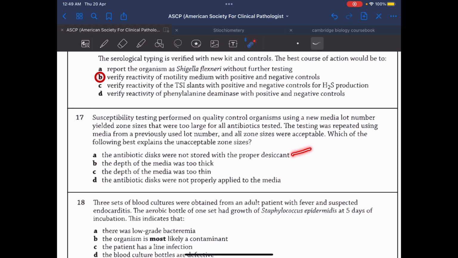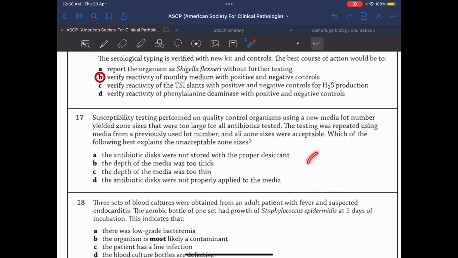The antibiotic discs were not stored with the proper desiccant. The depth of the media was too thick. The depth of the media was too thin. The antibiotic discs were not properly applied to the media. All Mueller-Hinton agar used for disc diffusion susceptibility testing should be poured to a depth of 4 mm.